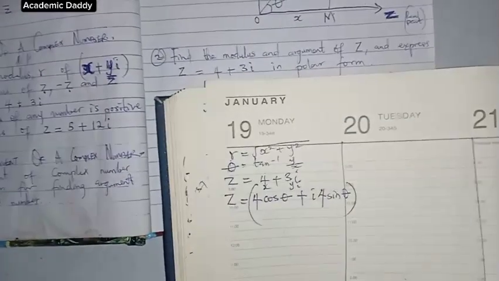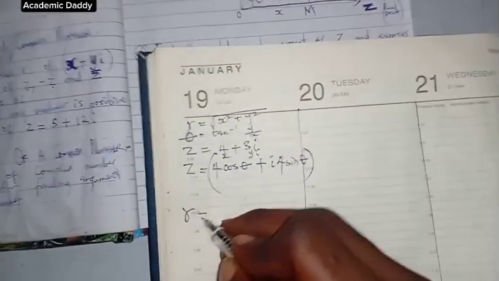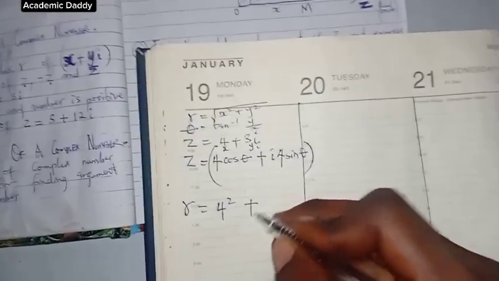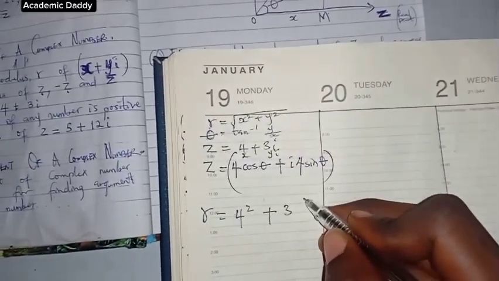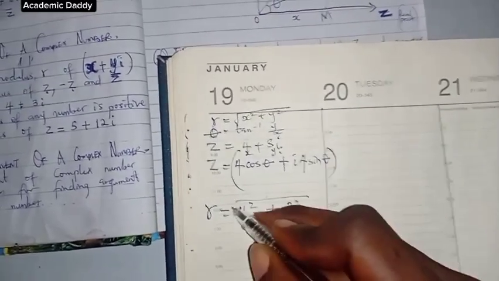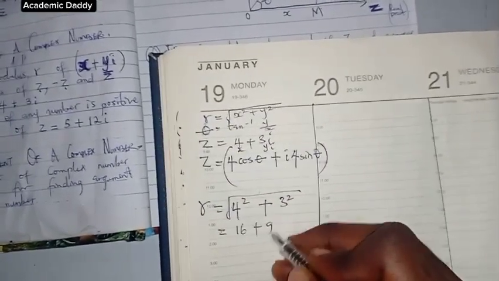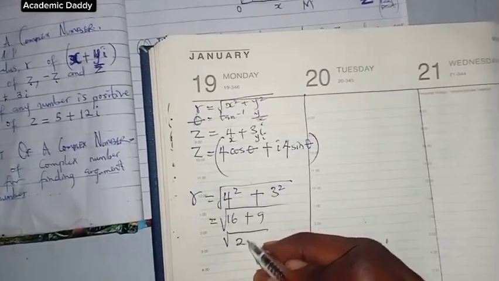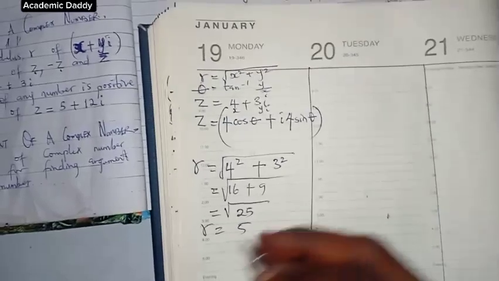First, the modulus: r equals the square root of x, which is 4 squared, plus y, which is 3 squared. We don't put the i when doing modulus. So this gives 16 plus 9, take the square root, root 25. So r is just 5.